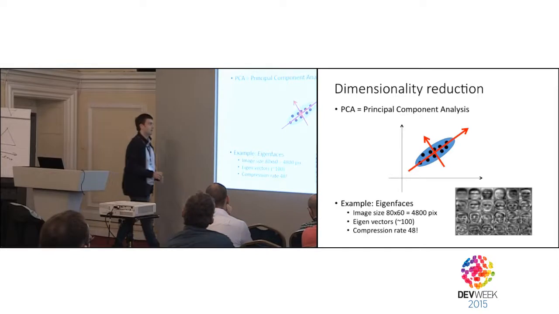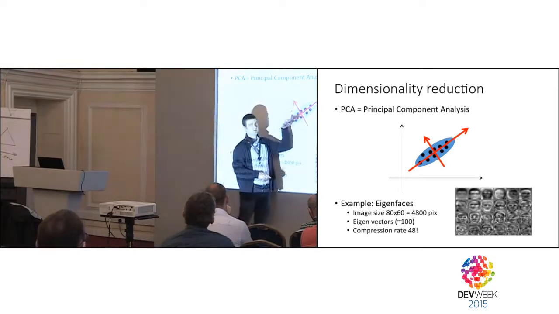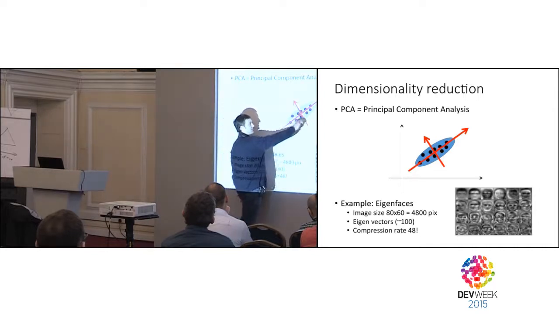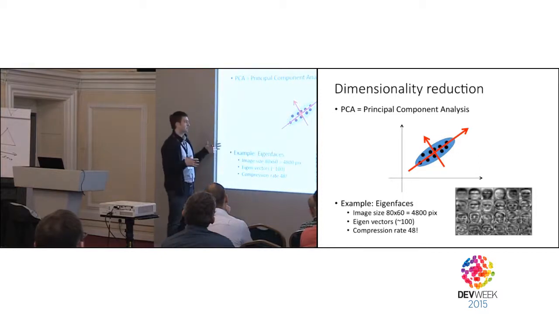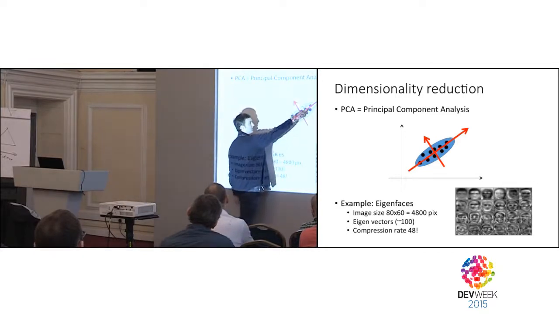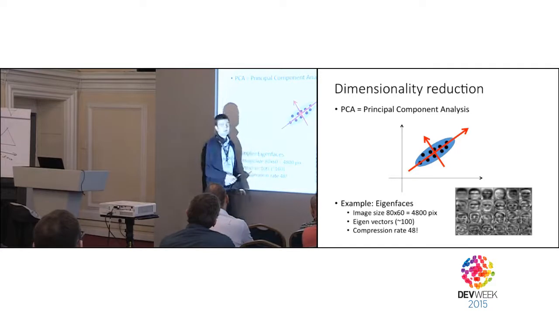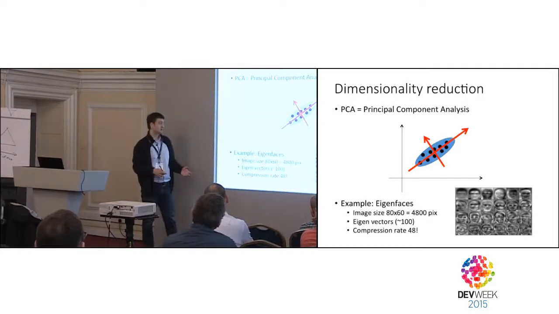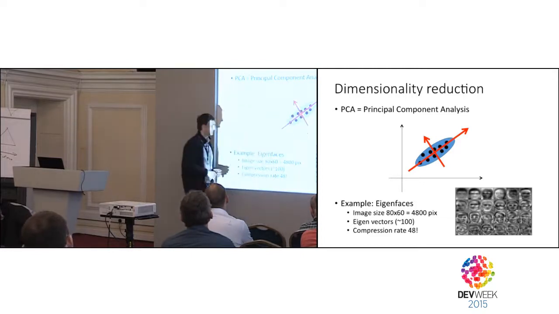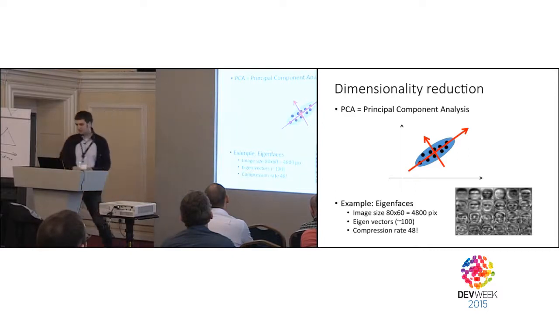By throwing out the dimensions where data doesn't change, we can reconstruct the data by just using information where the point lies on this major axis. So the encoding procedure would be to project all points on this major axis, and the reconstruction procedure would be to return from this system of coordinates to the original one. And we will see how it works in a little more detail soon.